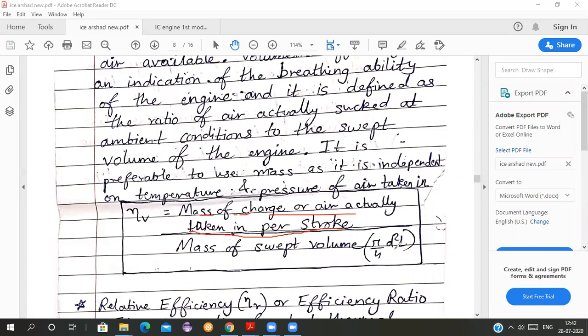The swept volume is pi by 4 d square L. In that stroke length, how much is the mass of the air in the denominator, and the mass of charge of air actually taken in the suction stroke? That is volumetric efficiency. Let us move ahead now.